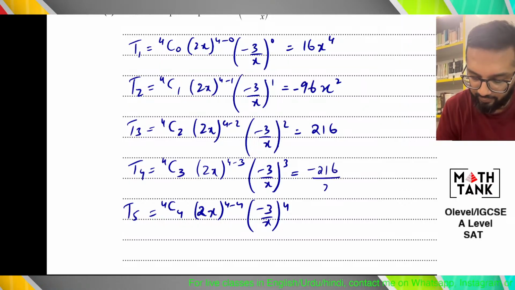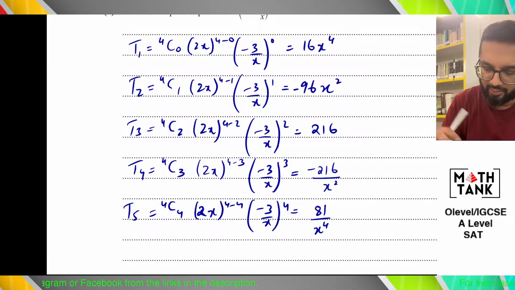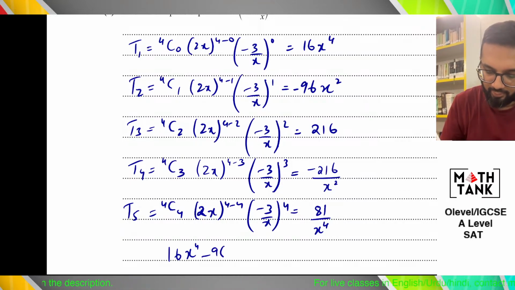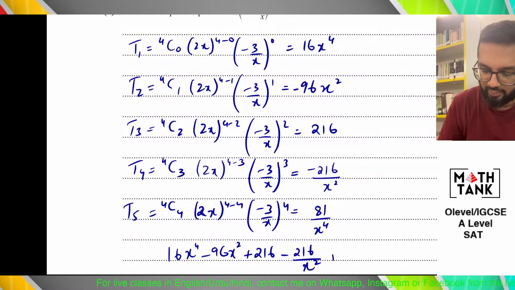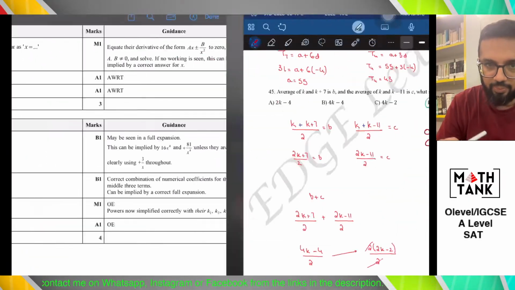And now you have x squared in the denominator. And 3 power 4 is 81, that's 81 over x power 4. All those are correct. I can write them in one line: plus 216 minus 216 over x squared plus 81 over x to the 4. Okay, all of those are correct.